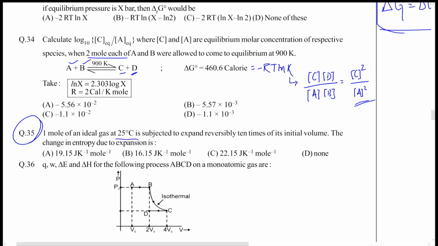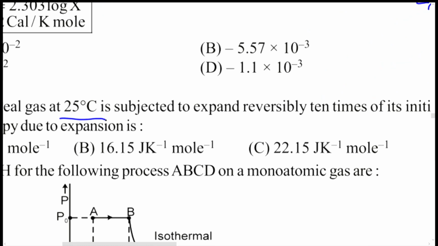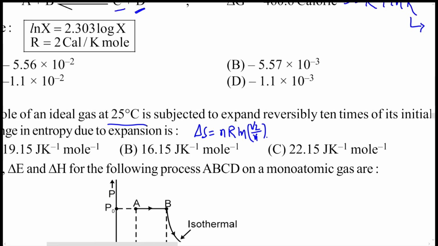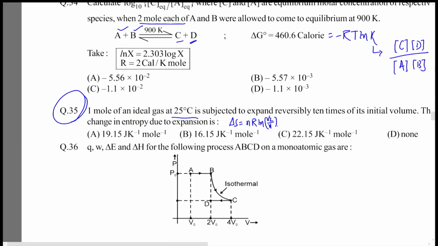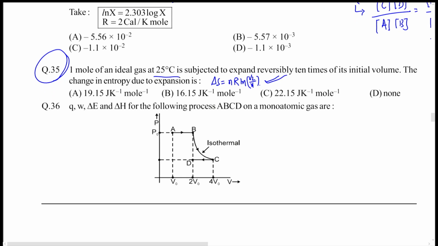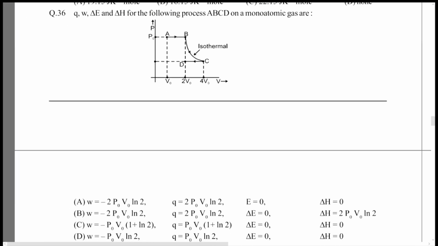It does not say anything about the temperature, so I think it's an isothermal process for which the change in entropy delta S simply becomes nR ln of V2 by V1, with the final volume being 10 times the initial volume. Okay, next.